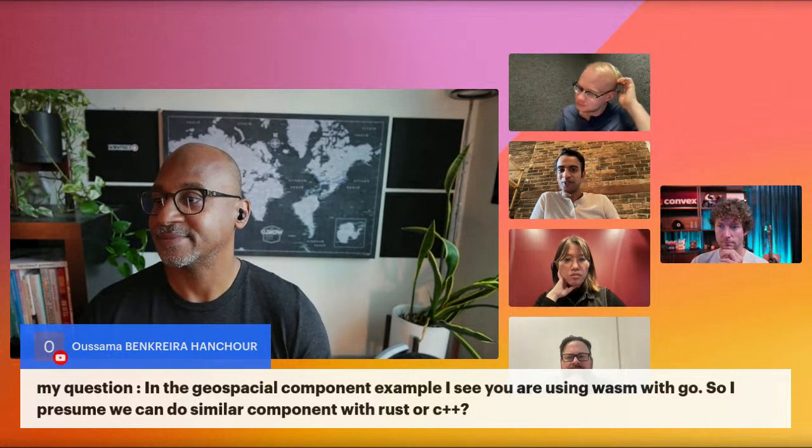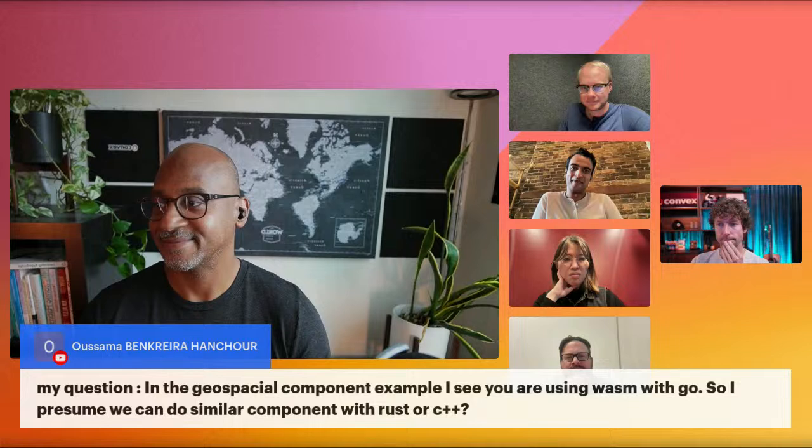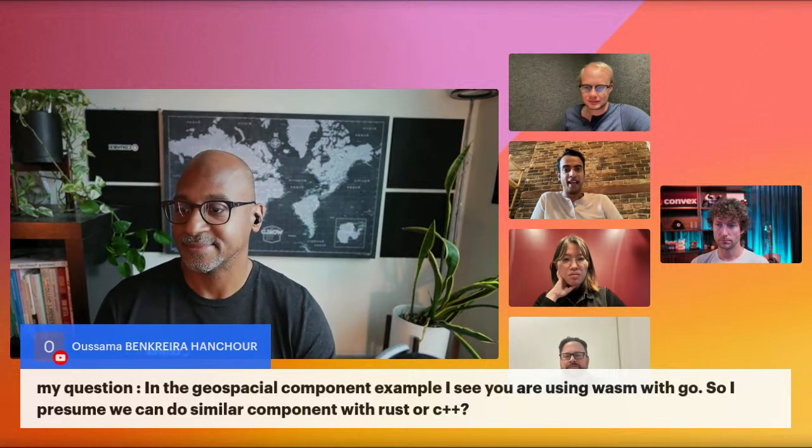The geospatial one is just us dipping our toes a little bit into there, and the DX wasn't that great for me to author it, but we'll be working on making that better in the future. And it's just really cool to be able to use high quality libraries like the S2 library from Google, which is really, really good, and use that to power our platform and make it a lot better.